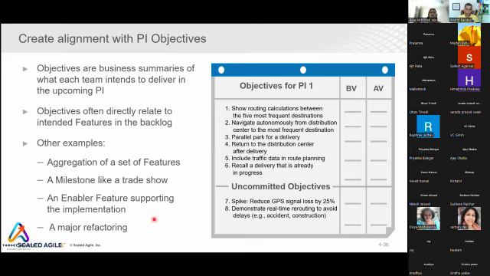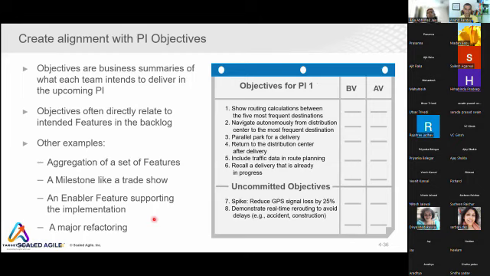Yeah. If you have a 12-week PI, it means 6 iterations, and every iteration is 2 weeks. What we do is plan five iterations for delivering value, and the last iteration for innovation and planning. In innovation and planning, we accommodate PI planning, leftover work, innovations, training needs, and the inspect and adapt workshop.